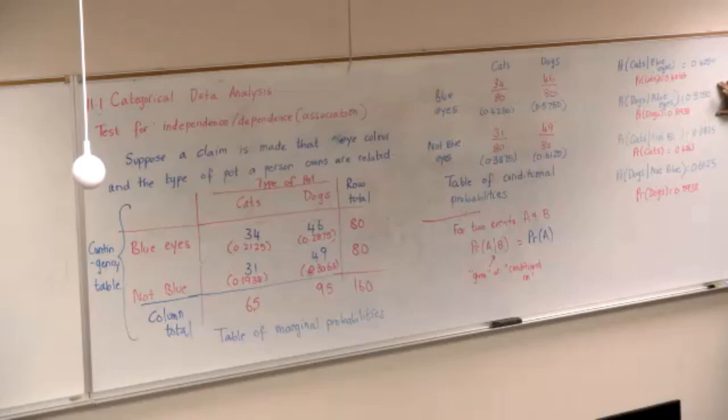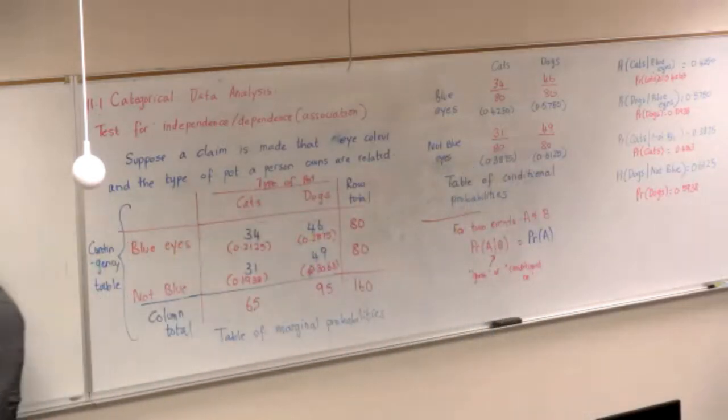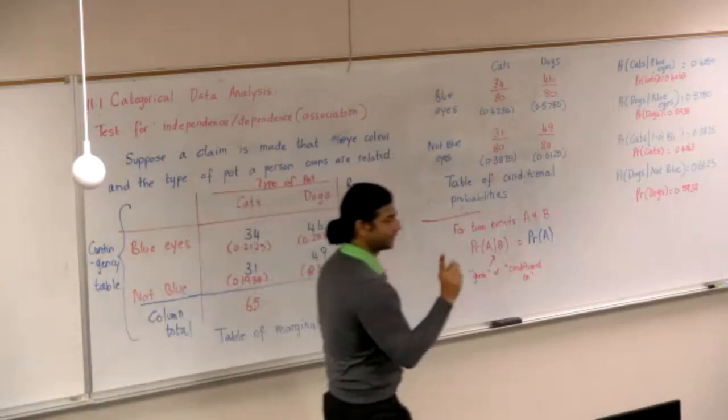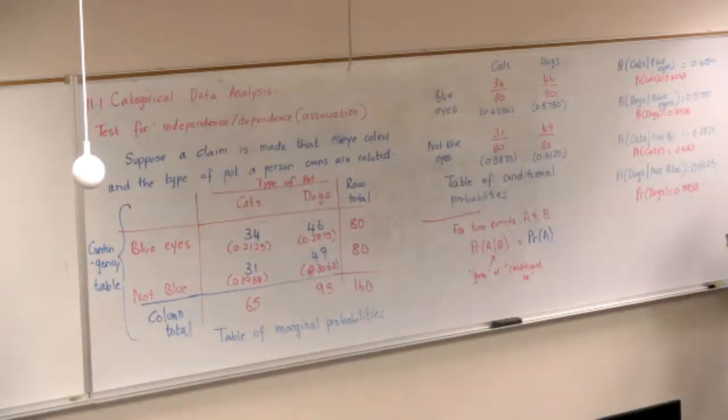So once again, is there an association? No, there is no association between the type of pet and the color of eyes. This is subjective also, do you agree? We just went over that.